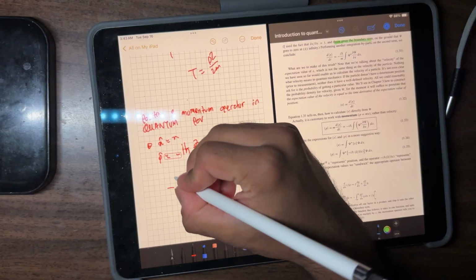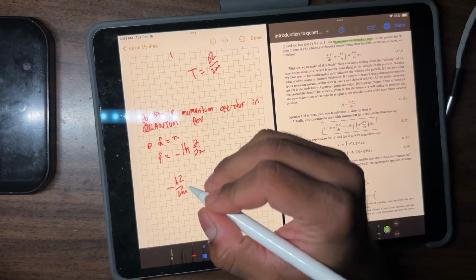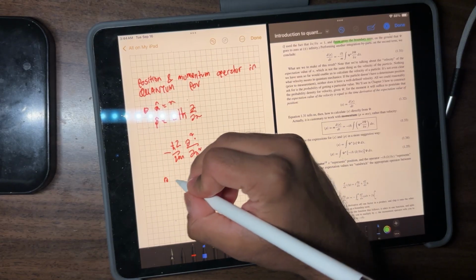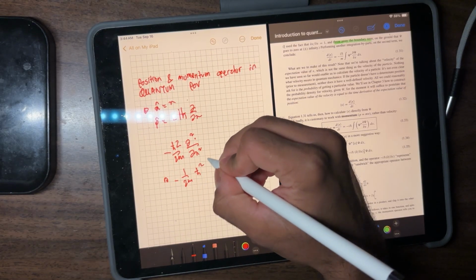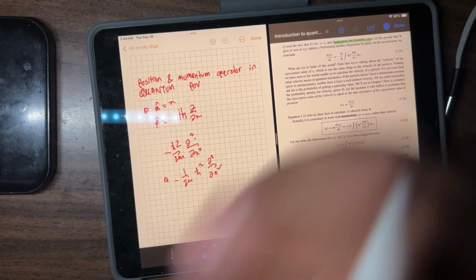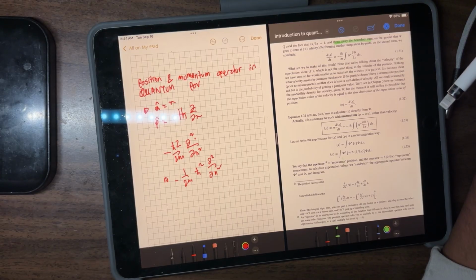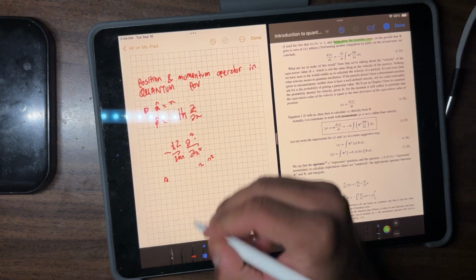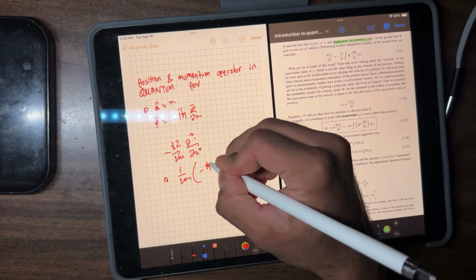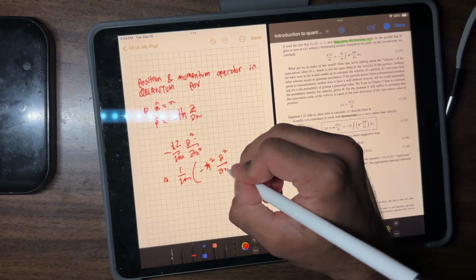Oh, if I have minus h bar square upon 2m curl square by curl x square, this leads to minus 1 over 2m h bar square curl square by curl x square, or 1 by 2m times minus h bar square curl square by curl x square.